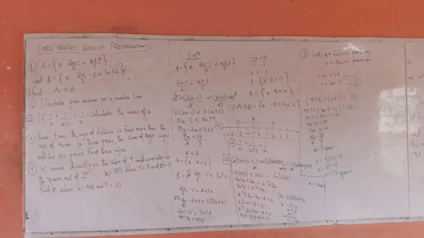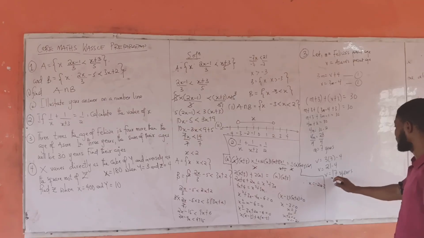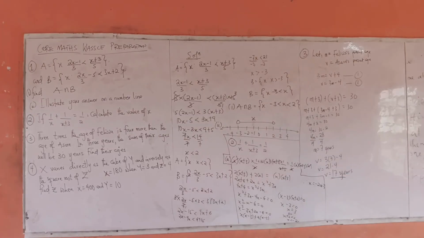Yes, so when we multiply the age of Felicia by 3, which is 21, and then we have Asari, which is 17 plus 4. That should also give us 21. So we have this as the ages of both Felicia and Asari.